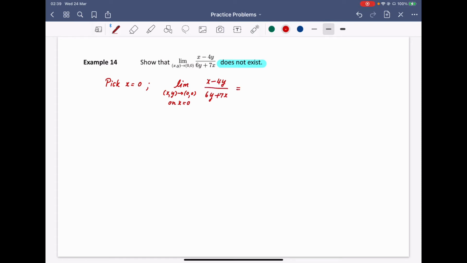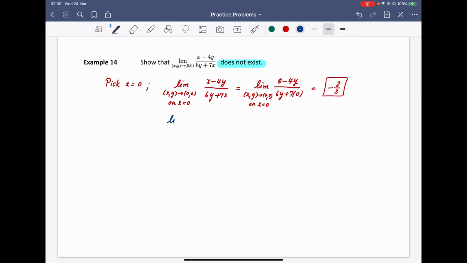When I plug in 0 here, I get the limit of 0 minus 4y over 6y plus 7 times 0. If you cancel everything out, you get negative 4y on the top and 6y on the bottom, and then y cancels out, and you get at the end negative 2 over 3. Alright, negative 2/3 is your limit when you pick x equal to 0.